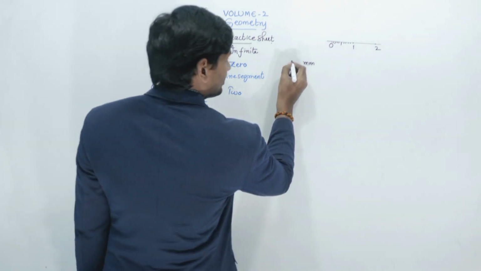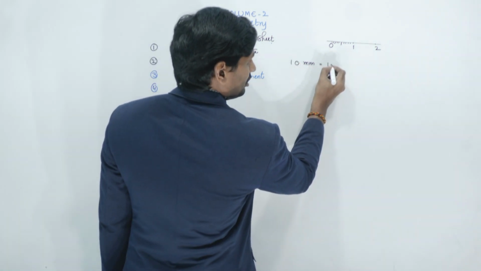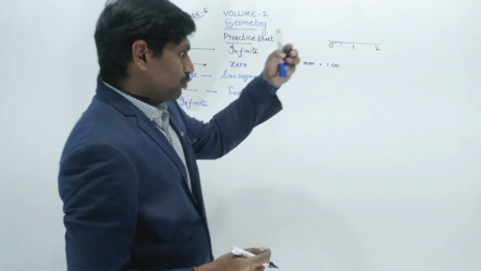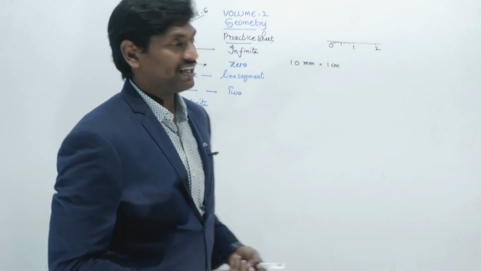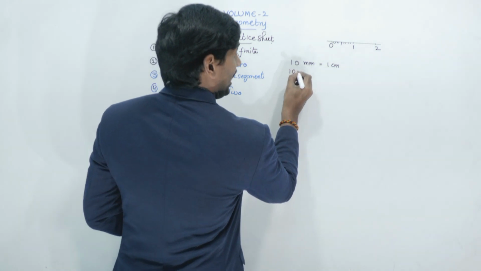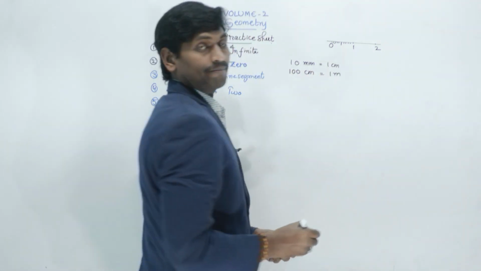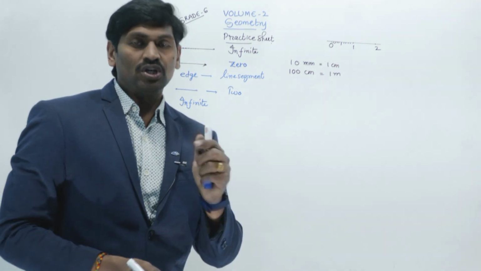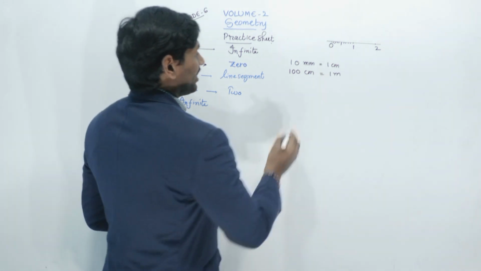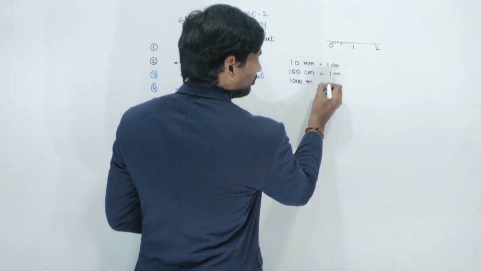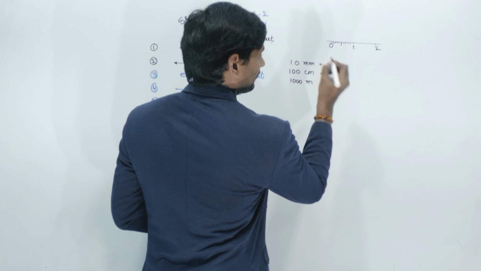So from this we can say 10 millimeters equals 1 centimeter. If you take 100 centimeters, it will be 1 meter. 100 centimeters equals 1 meter. In the same way, 1000 meters equals 1 kilometer.